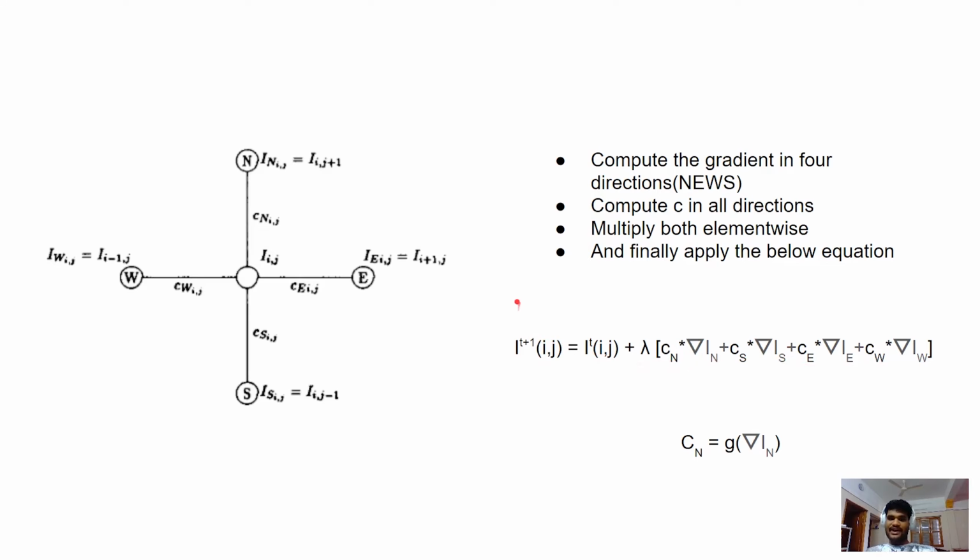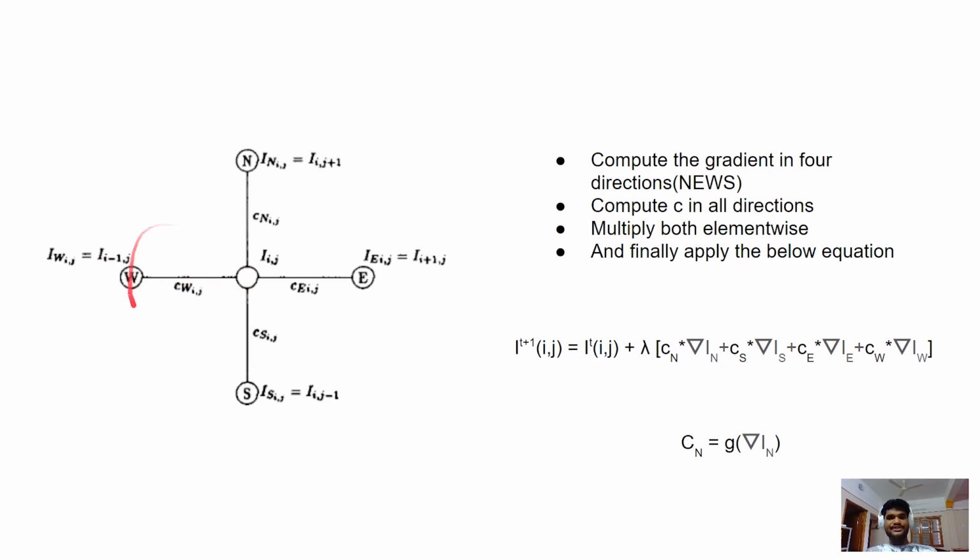Just imagine we have 2 pixels and 1 pixel is higher in value than the other pixel. Now let's assume this is the pixel. This value is small and this value is high. Since the value of this is small, what happens? The gradient in this direction will be less, the gradient in this direction will be less, and the gradient in this direction will be less, and the gradient in this direction will be very high.